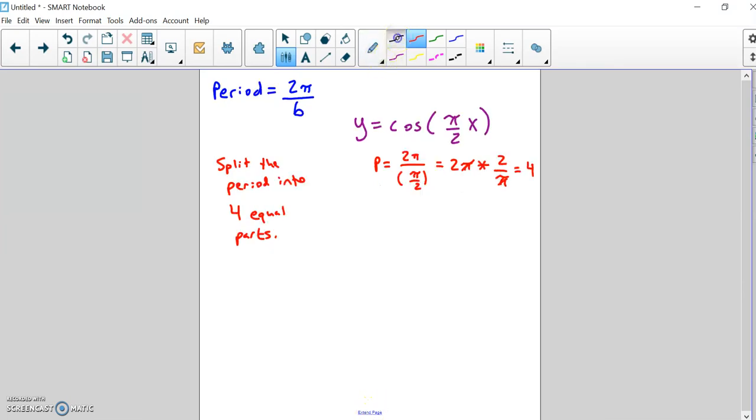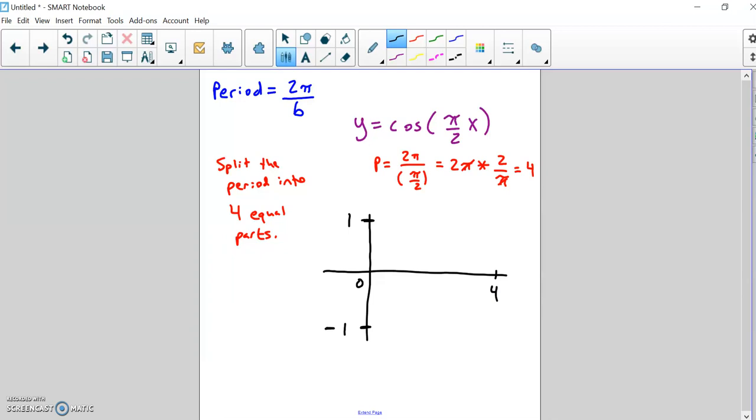So let's start setting up our graph. The amplitude of this one is 1, because there's an invisible 1 out front here. So my top value is 1, my bottom value is -1. But now instead of my period going from 0 to 2 pi, because the length of the period this time is only 4, I'm going to start at 0 and end at 4.